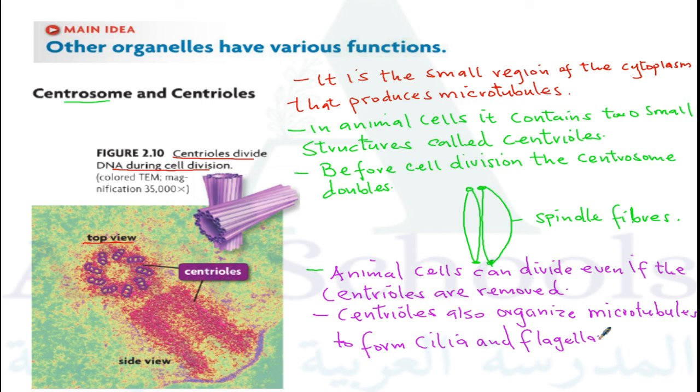Cilia look like hairs, and flagella look like a whip or a tail, and their motion forces liquids past a cell. For single cells, this movement results in swimming, but for cells anchored in tissue, like in our respiratory tract, the motion sweeps liquids across the cell surface and pushes substances out.